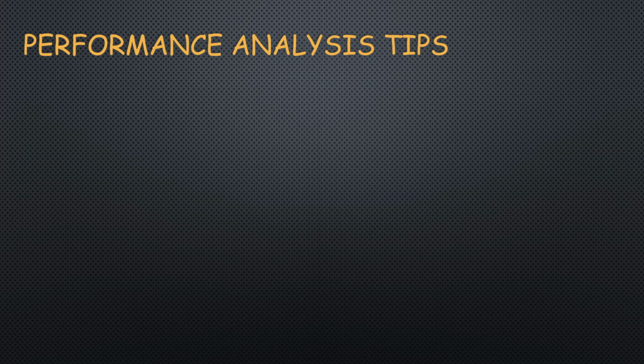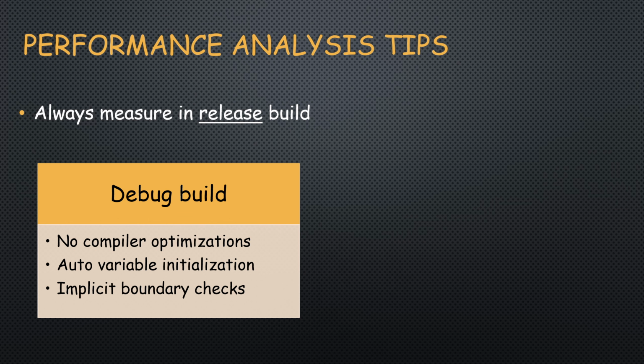The first step in any performance analysis is to make sure that we are doing the measurements while the system is in the best shape for it. For example, always measure in release build. In debug build, the compiler optimizations are usually turned off to make it easier to step-by-step decode and examine the values of the variables.